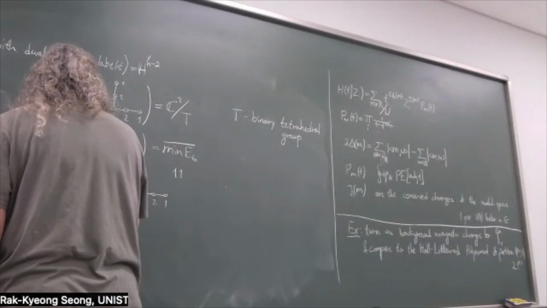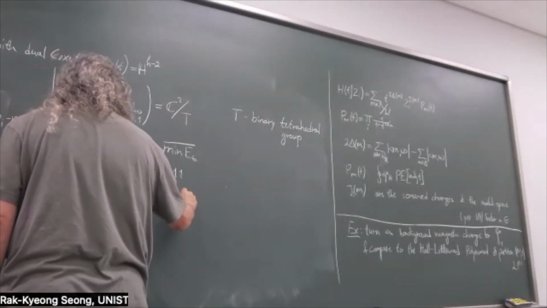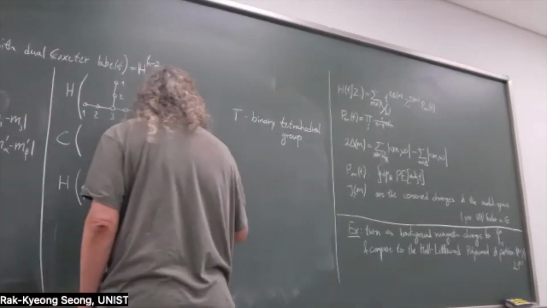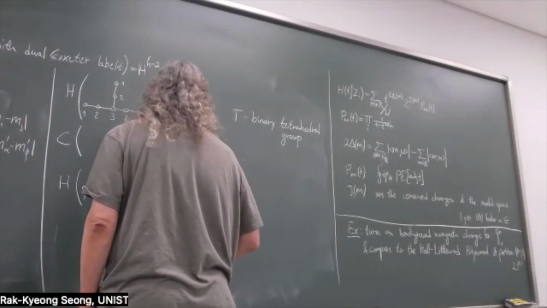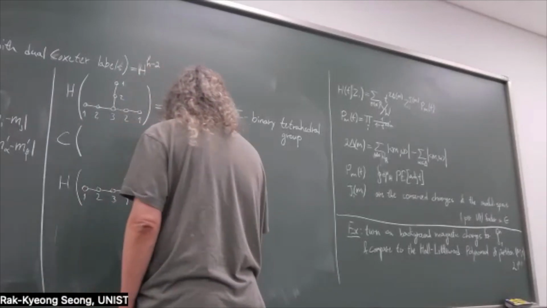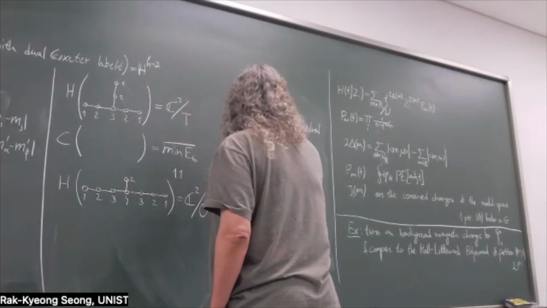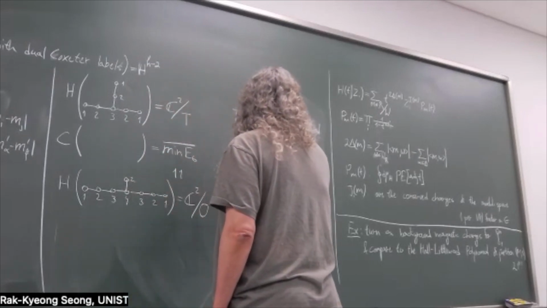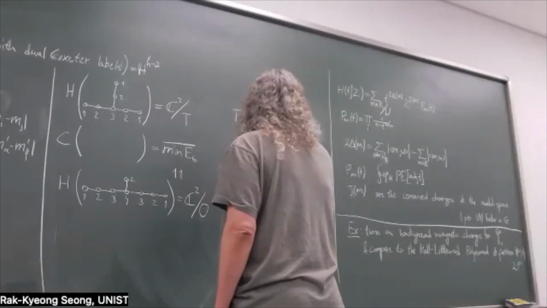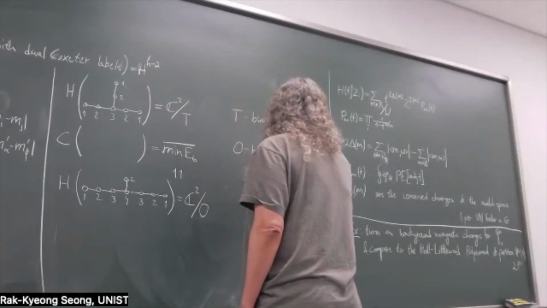So the Higgs branch is C2 mod the O, where O is the binary octahedral group.